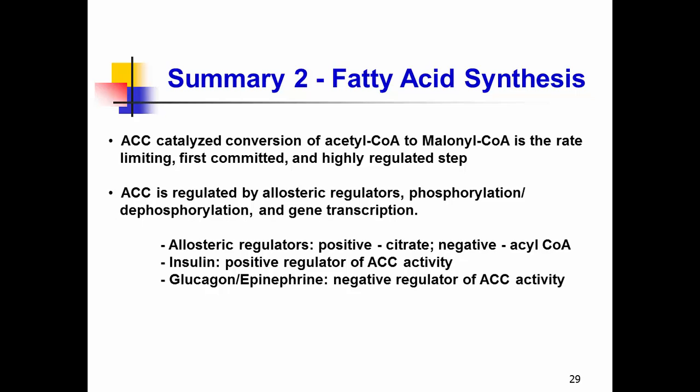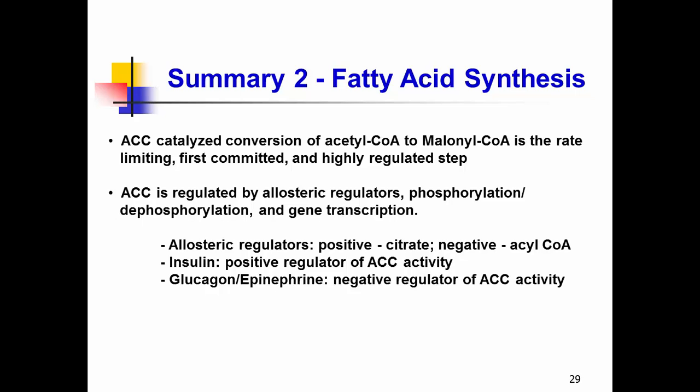Okay, about the regulations. I think the important part is the 3 levels of regulation of ACC, because ACC is a key enzyme, right? So we need to understand how ACC is regulated at the 3 different levels. First level is the allosteric regulators.